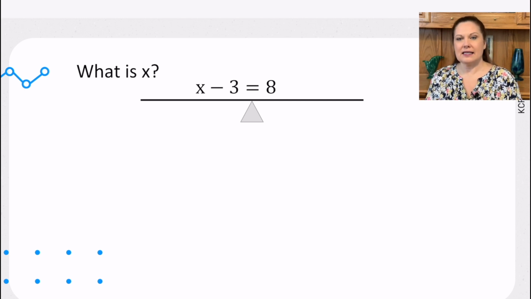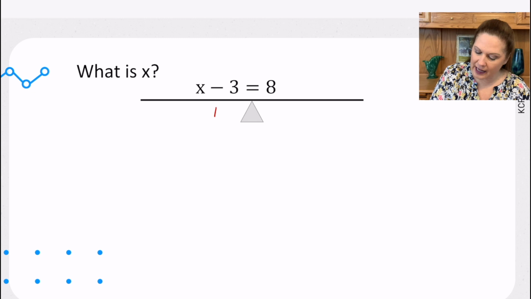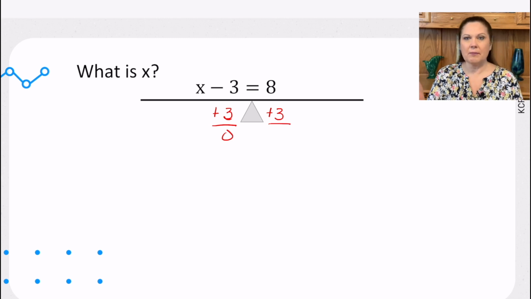Okay, let's try another one. X minus 3 is going to be 8. I hope you already have a number in your head. Oh, well, that's right. I'm just going to add 3 to 8, and that's going to give me my missing number. Absolutely. And to show that algebraically, we're going to add 3 to both sides. Remember, we've got to keep that equation in balance.